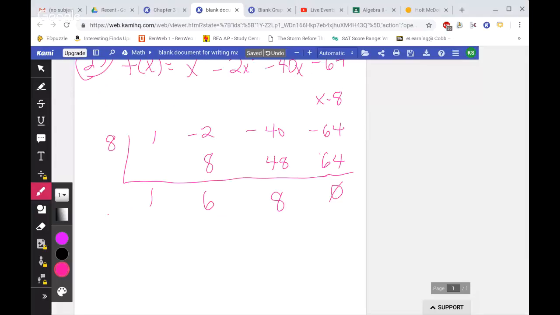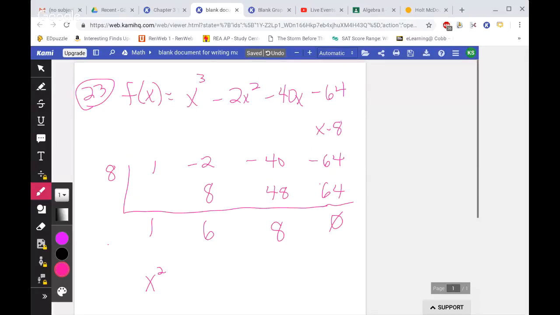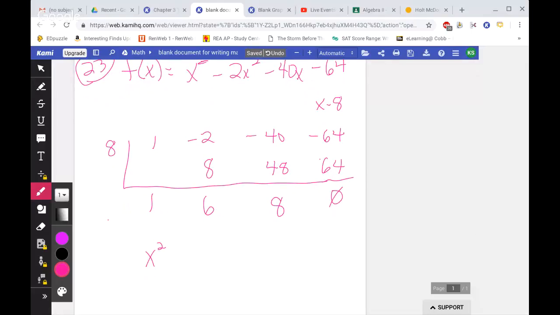And now what we'll do is apply our answers to the appropriate terms. Okay. So that's going to be x squared, because you just go down one term from this one. So we've got x squared plus 6x plus 8.